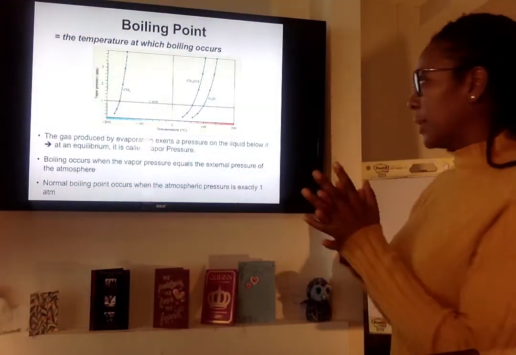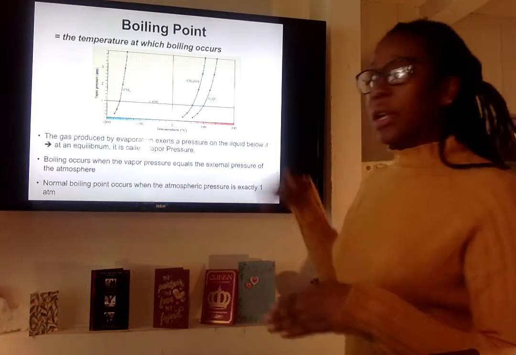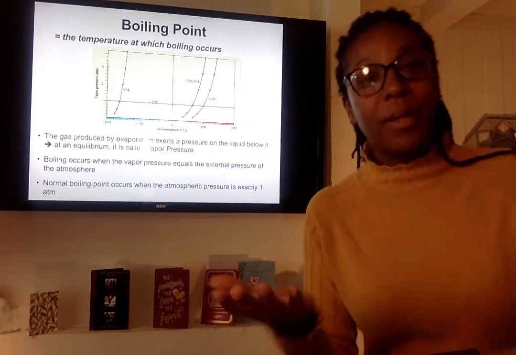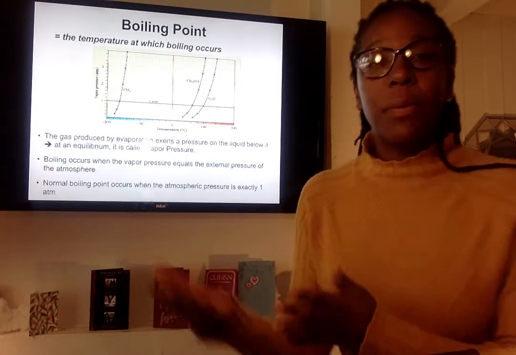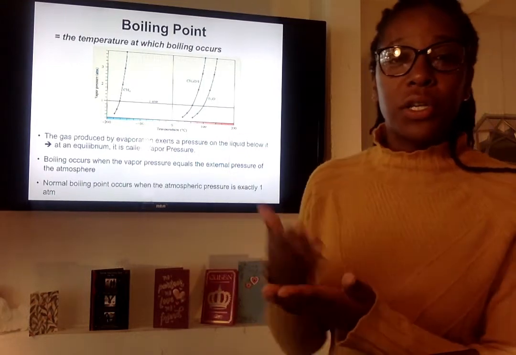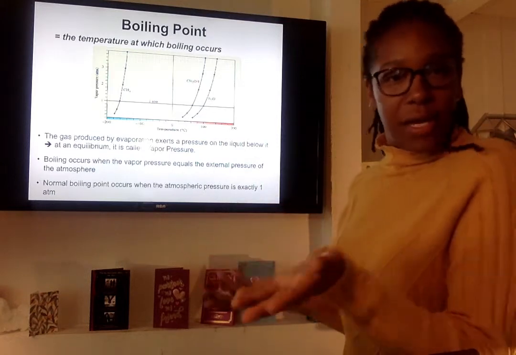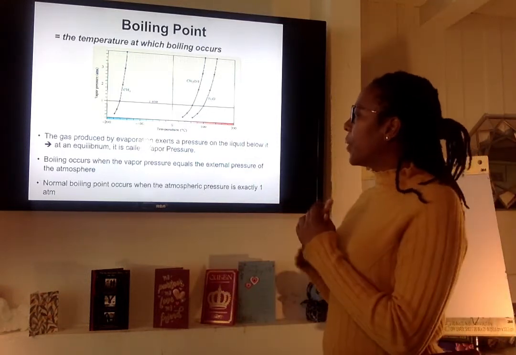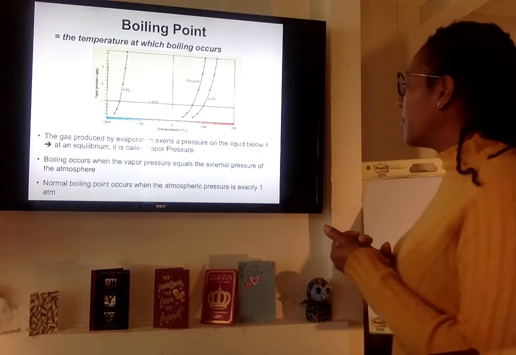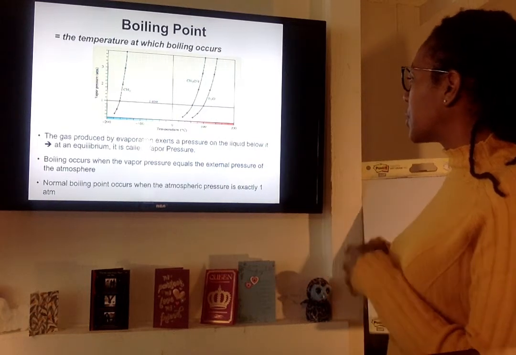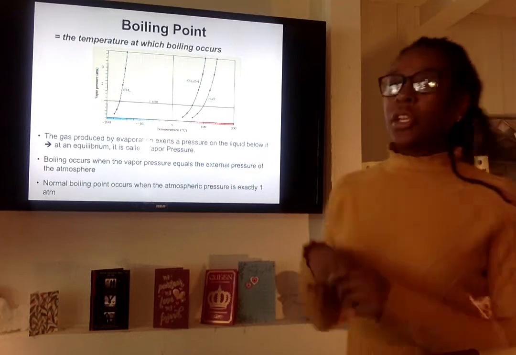Hopefully that makes sense, okay? So it's like the pressure from the vapor, right? Because it's called vaporization. So the pressure is from the vapor that's being created. Okay. So boiling occurs when the vapor pressure equals the external pressure of the atmosphere.